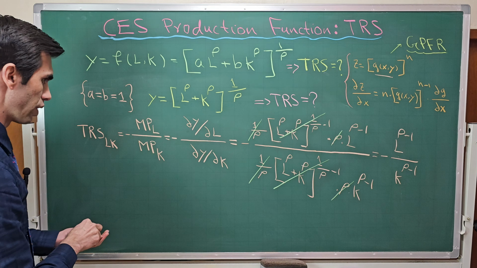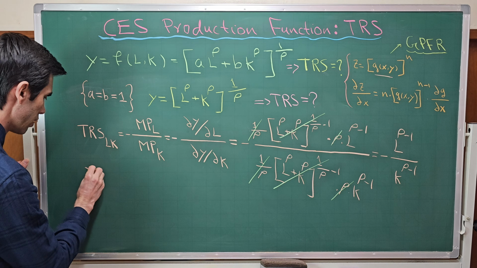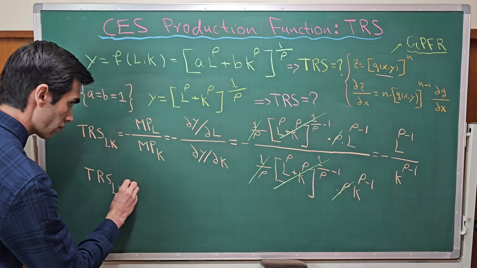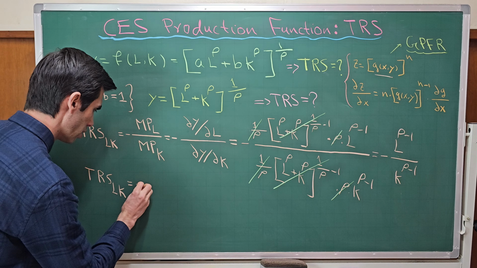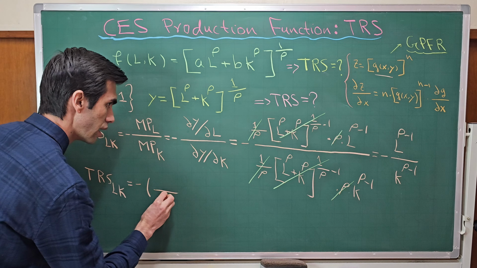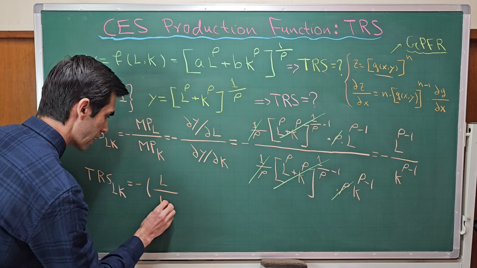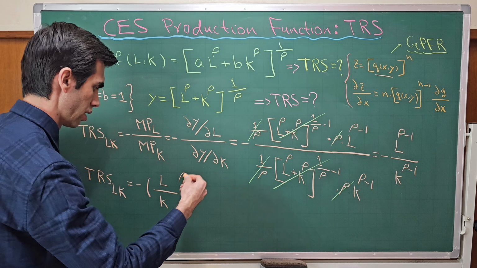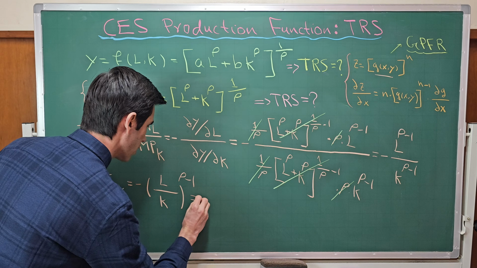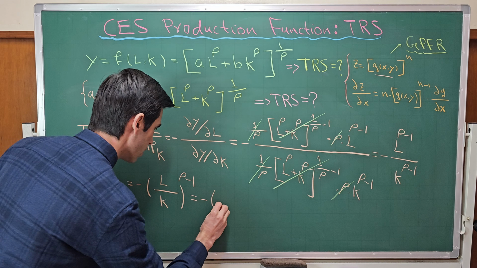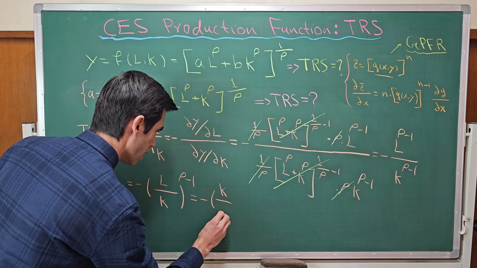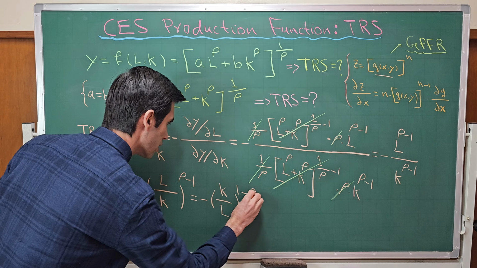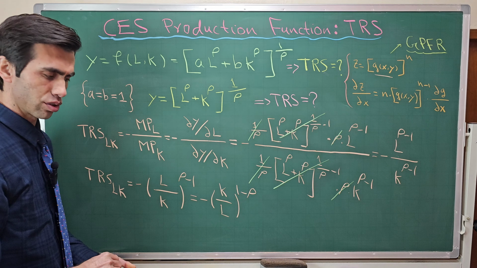Finally, we can write down that the technical rate of substitution of L for K is equal to minus (L over K) to the power of ρ minus 1. Or in another form, we can write minus (K divided by L) to the power of 1 minus ρ.